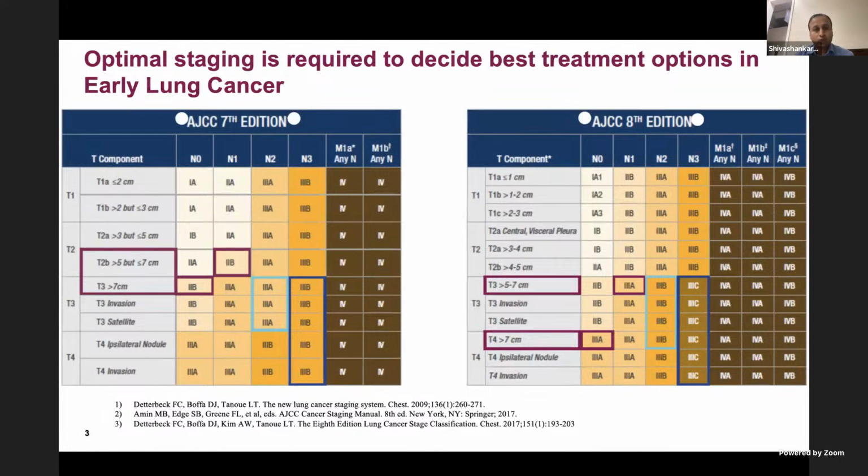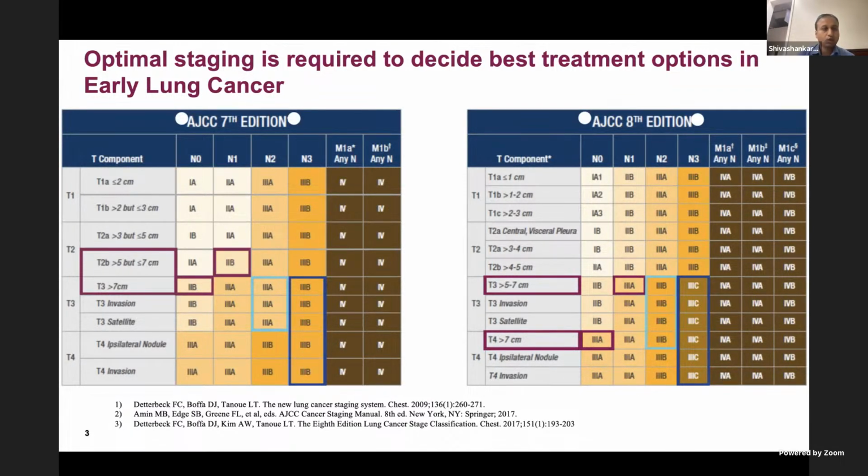Moving on to how we stage. We know that AJCC is commonly used, and recently we have AJCC 8th, and probably in a year or so we'll have the 9th edition. AJCC 8th edition has changed certain things compared to the 7th edition in terms of T staging. Earlier T3 was more than 7 centimeter, now more than 5 centimeter is classified as T3.